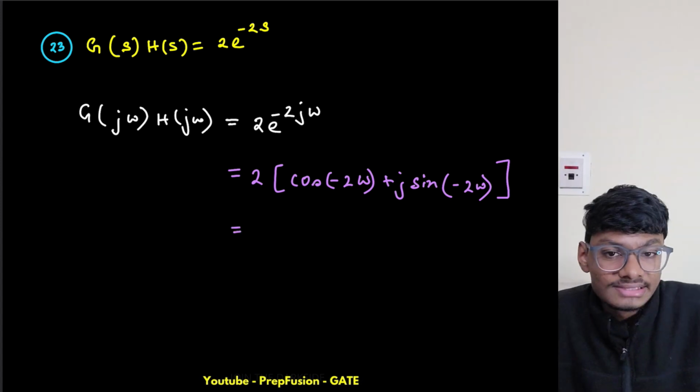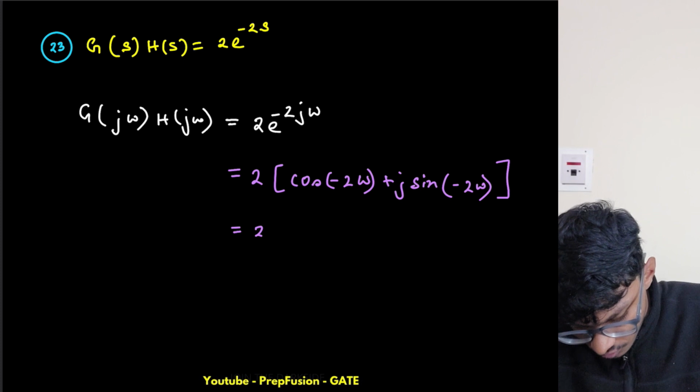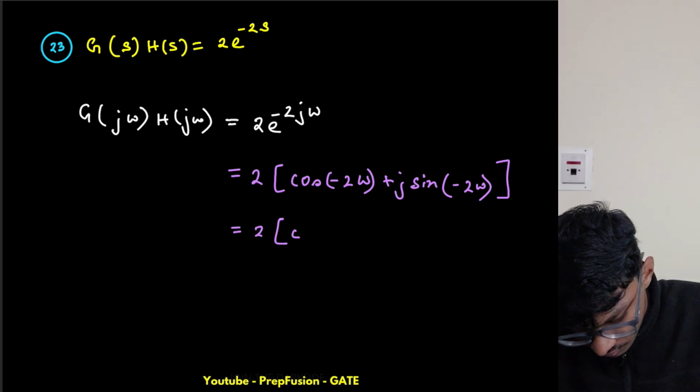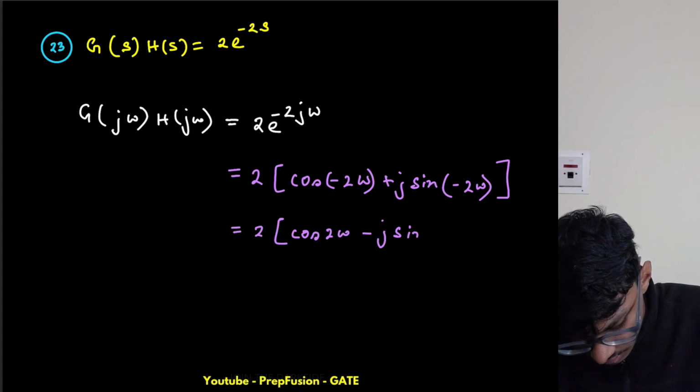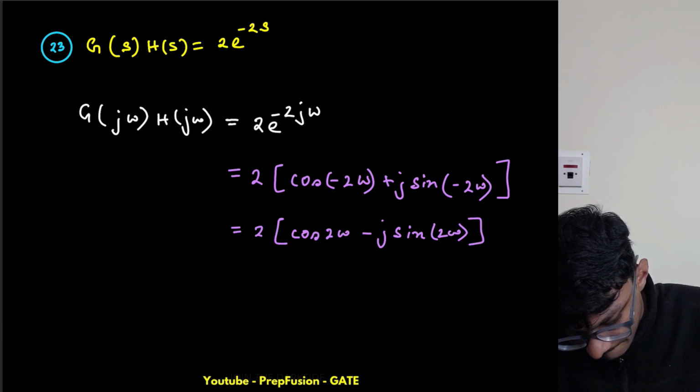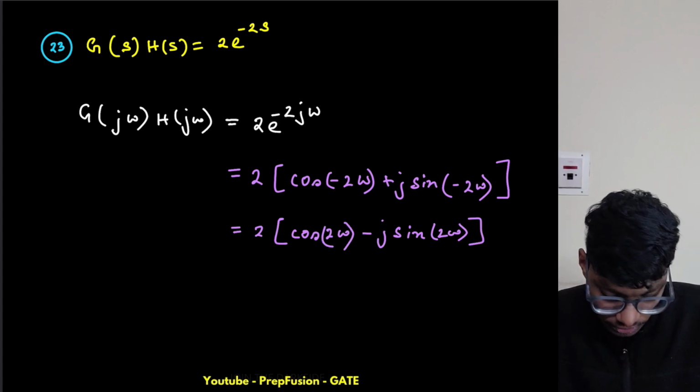Cos of minus theta is cos theta itself, so 2 cos 2 omega, and sine of minus theta is minus sin theta, so minus j sin 2 omega.